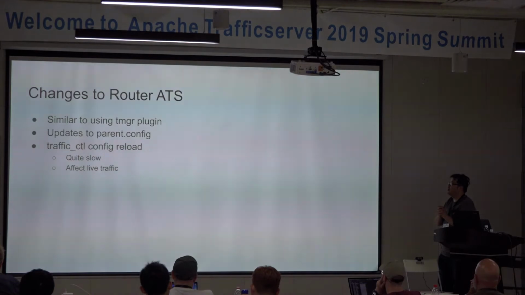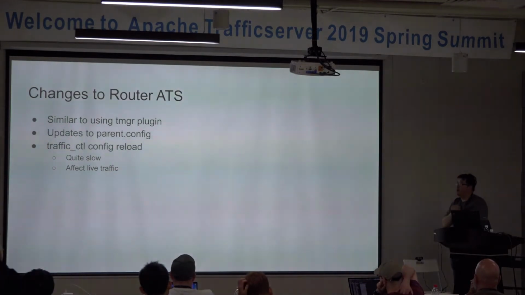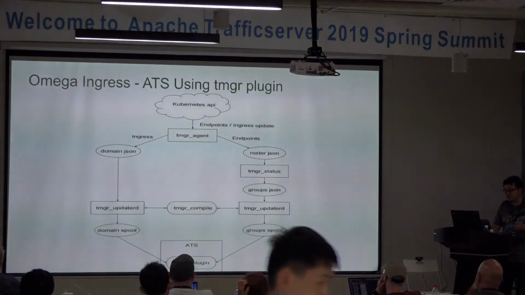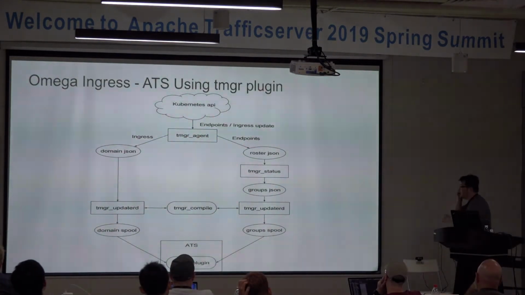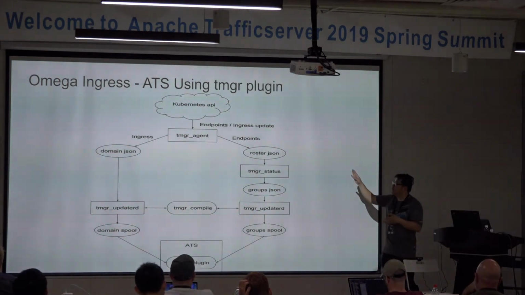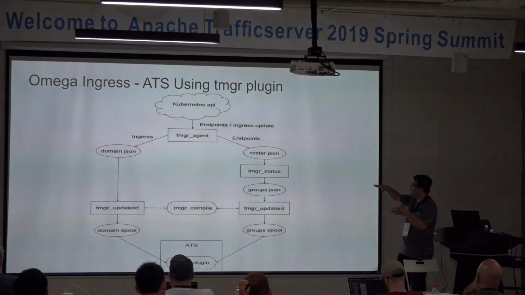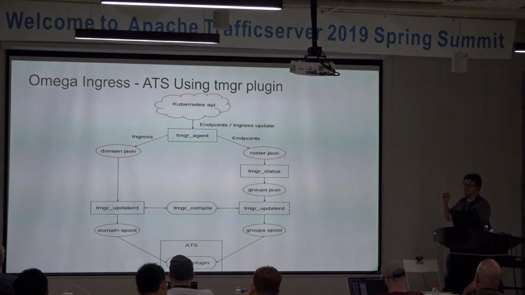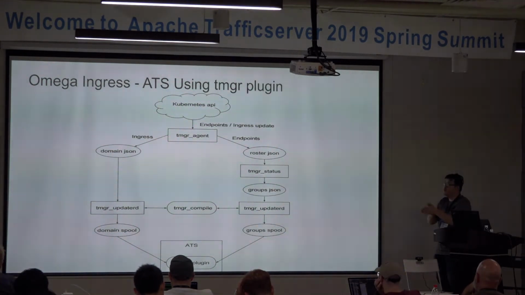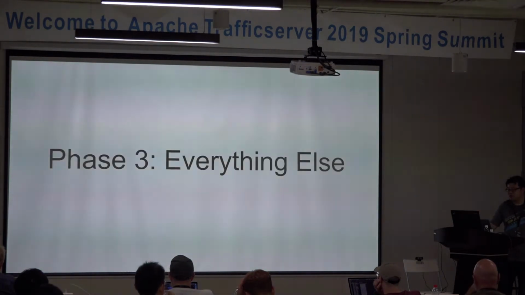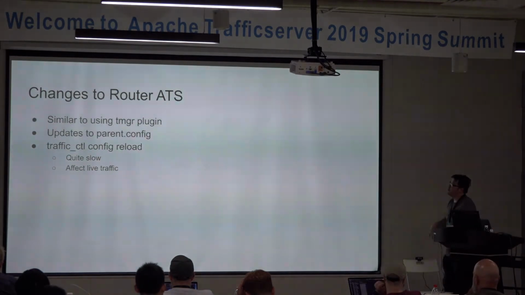We wrote a lot of script, in pretty much the same way as you see here, that talks to Kubernetes to find out the list of domains that we want to serve and the list of pods that we have. Then we do health checks against all those pods to come up with the final list of pods that we want to route to. All of this allows us to generate the parent.config dynamically.